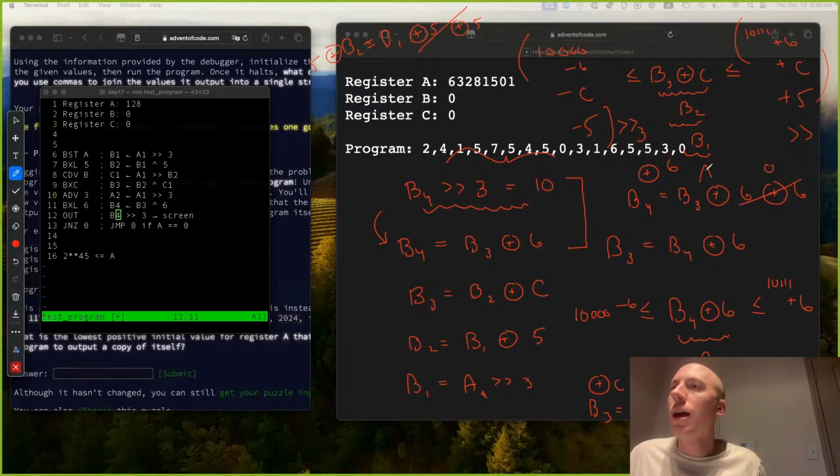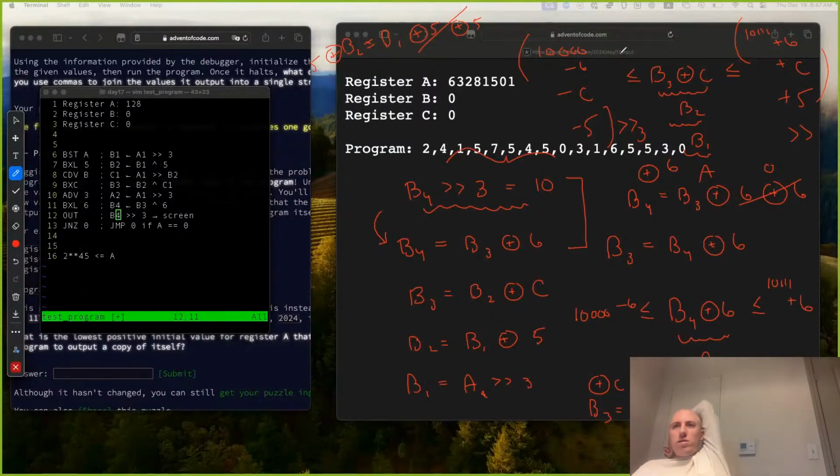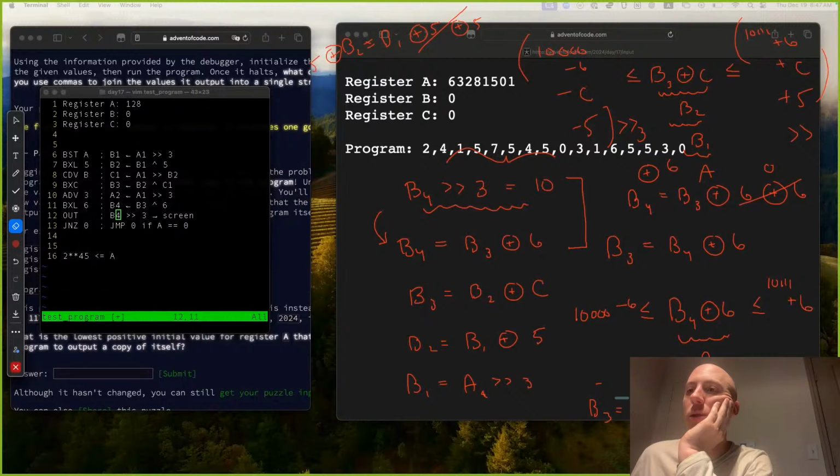And we basically say that A is greater than or equal to this, and less than or equal to this. So A depends on C. It matters what C is. And if it's in this range, then you will get a 2. That's what we're basically saying. We can test that out to see if we got the math right.